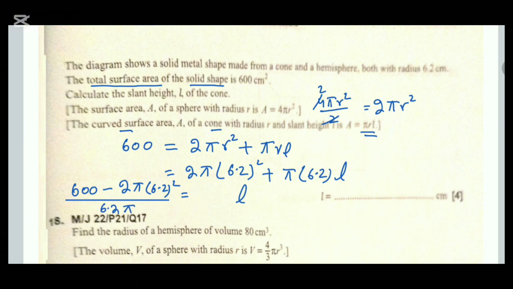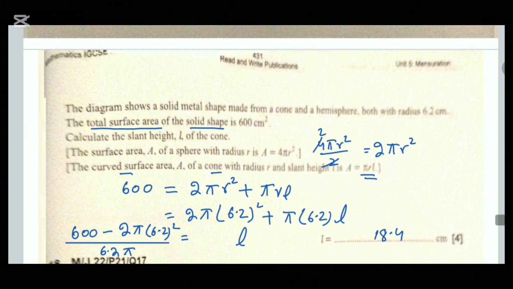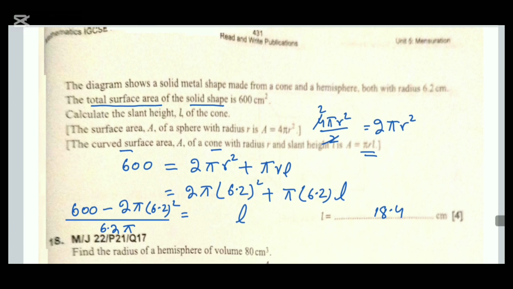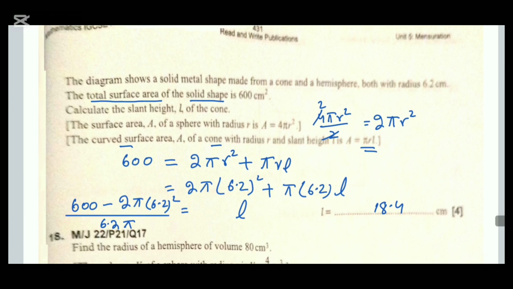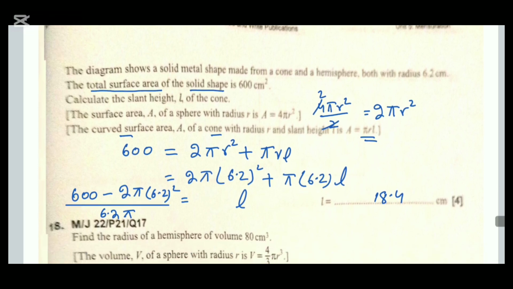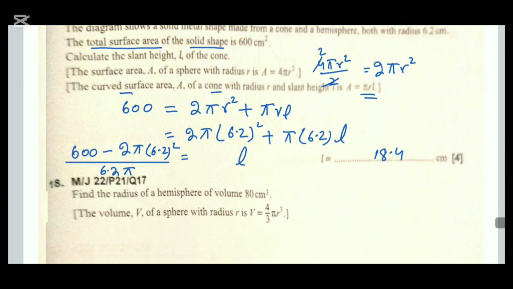So when you will put it in calculator, you will get the final answer, that is 18.4 centimeter. So this is the way how you will solve this question. So you will use here the formula of total surface area of that shape, and you will make L the subject of the equation, and you will get the value of L.